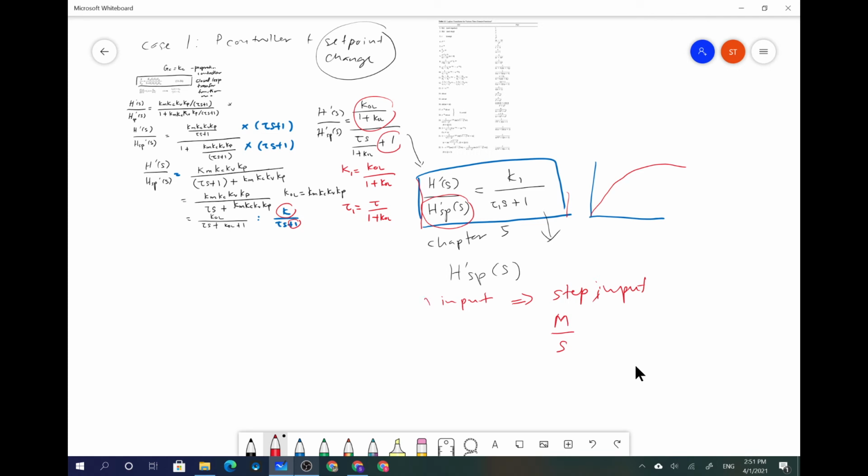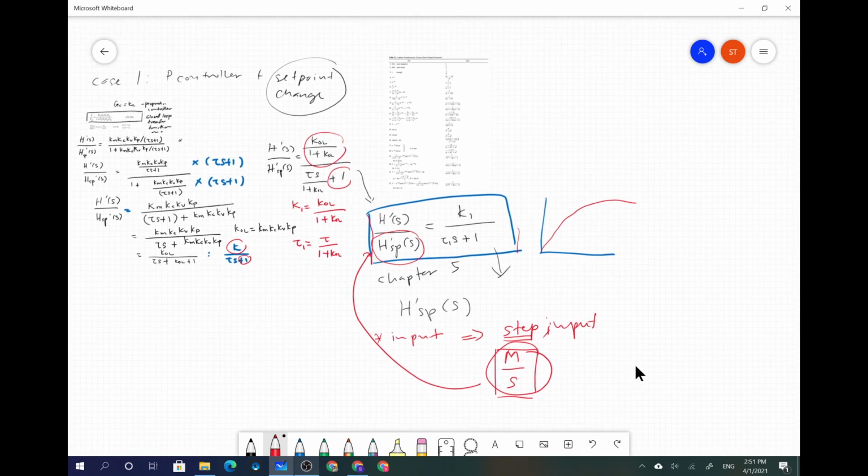When we have an input which is a step input, this is the equation that represents a step input. So this set point change is a step change, a step change in set point. When we have that, we have to substitute this into this equation.